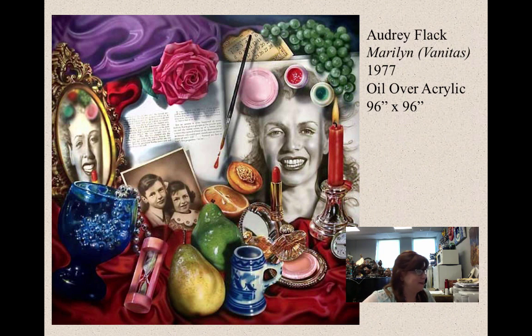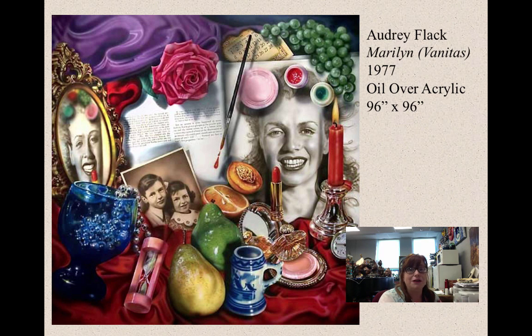And then this is a piece by Audrey Flack. And she does what are called photorealist paintings. And so what that means is they're very realistic. They feel like photographs. And one of the things that's important to Audrey Flack as an artist is the ability to communicate what she wants to get across. And she feels the best way to do that is with photorealism.